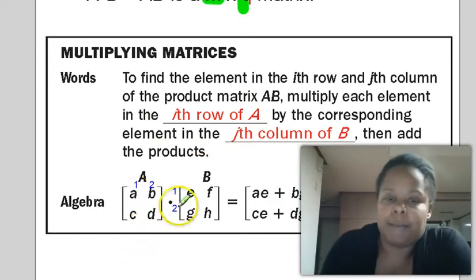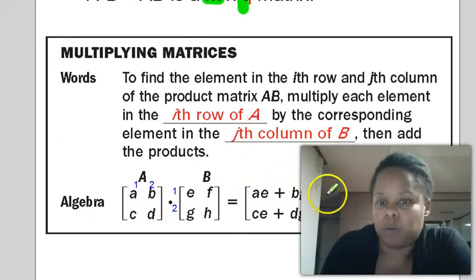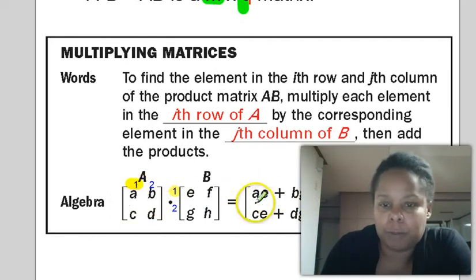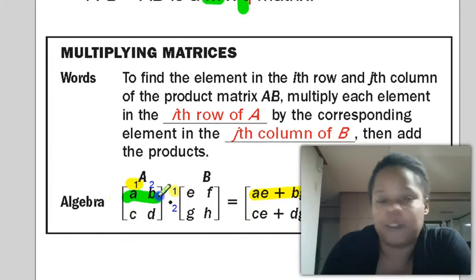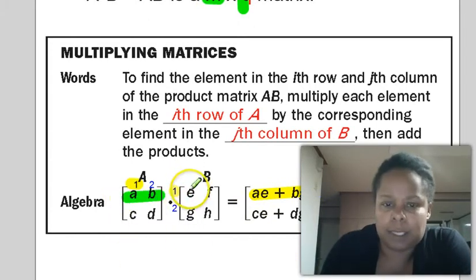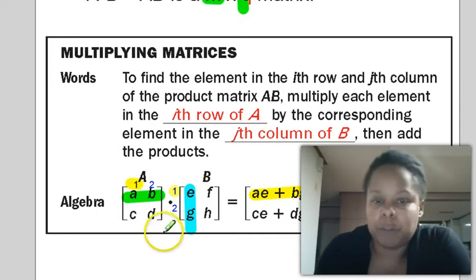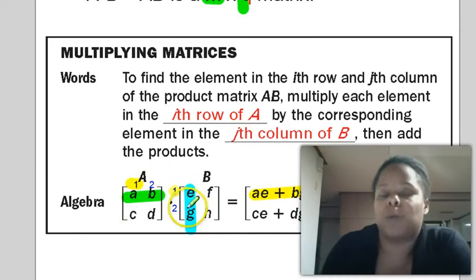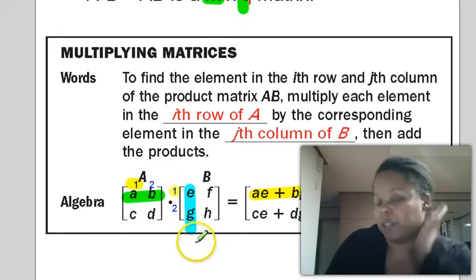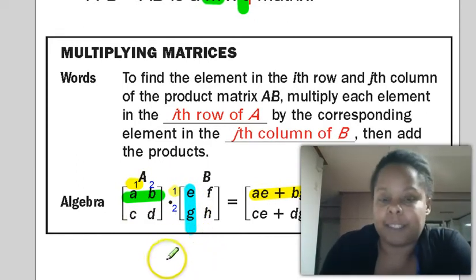If I want to figure out this position, which is the first row and the first column of the resulting matrix, then in order to get this answer, I have to multiply the first row of the first matrix times the first column of the second matrix. But it's not multiplying row by column, I'm multiplying entries and taking the sum of the products. I know that may sound difficult, but let's take a look at what we're doing.